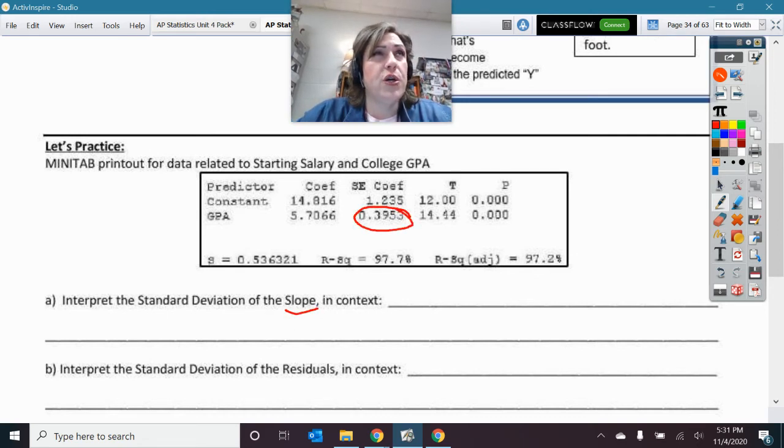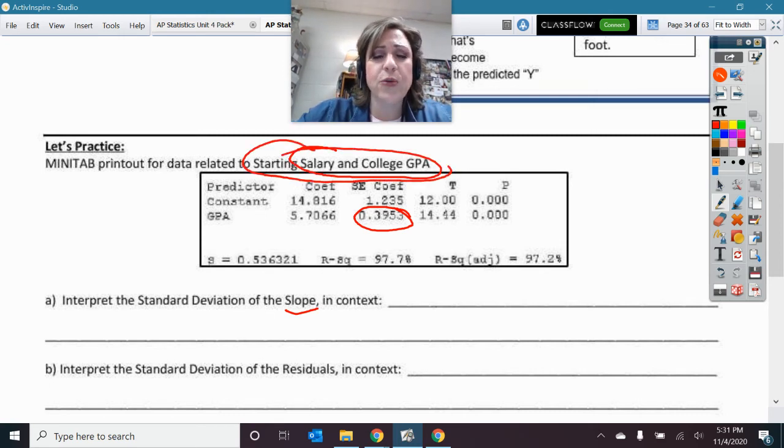So if you sample many times, I'd expect the slope you find of the relation between starting salary and college GPA to vary about 0.93953.